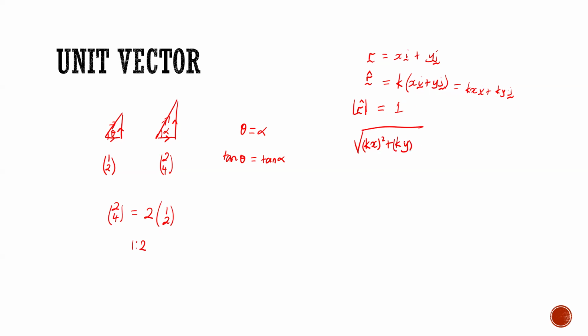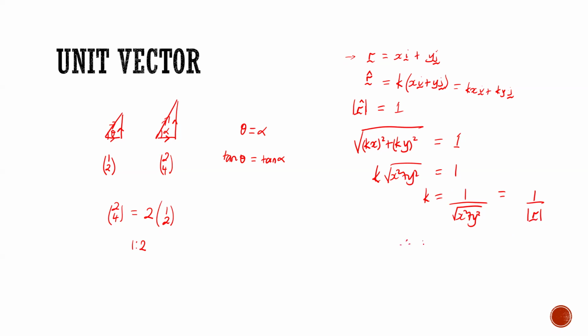It's the square root of the sums of the squares of the horizontal and vertical components. And we're equating this to 1. So this means that k times the square root of x squared plus y squared is 1, and therefore k is 1 out of the square root of x squared plus y squared. But realize that the square root of x squared plus y squared, if we come back to this equation, is in fact the magnitude of r.